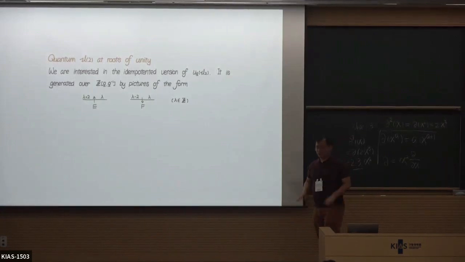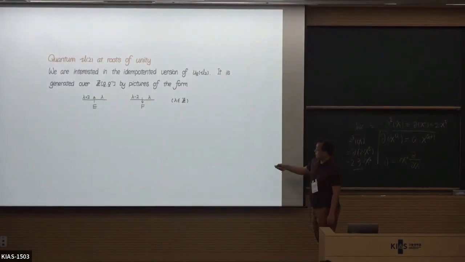We're drawing everything on the one-dimensional line. You just think of the one-dimensional line as an open interval, and the quantum operators will just switch quantum state from lambda to lambda minus 2. This is what F does. Imagine you have some quantum states living in this one-dimensional infinitesimal neighborhood; once you pass through this down arrow, this quantum state will decrease by 2.